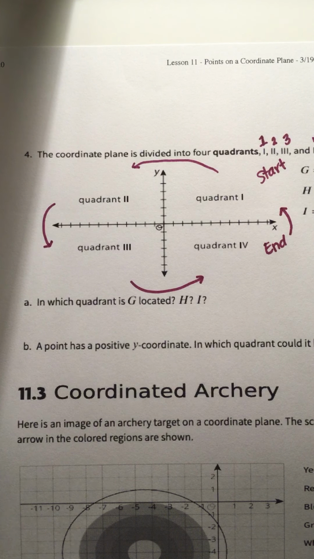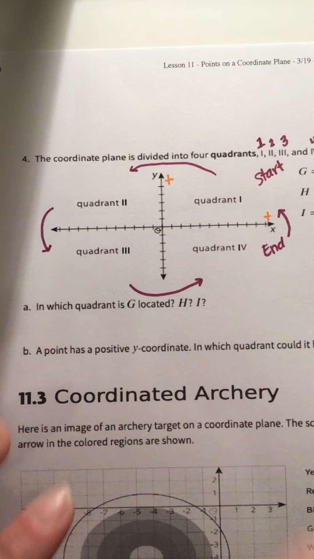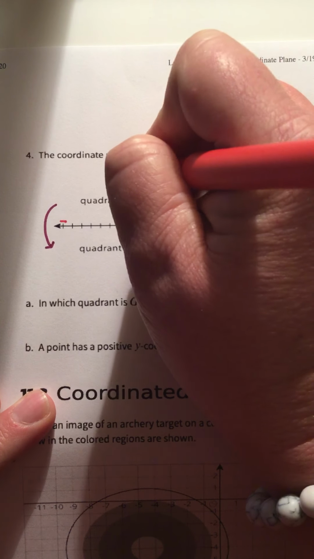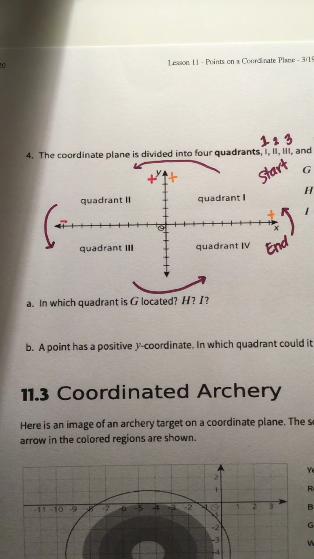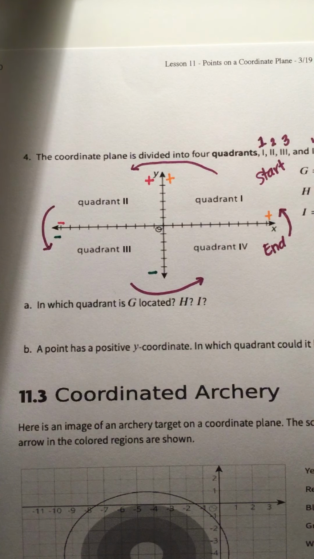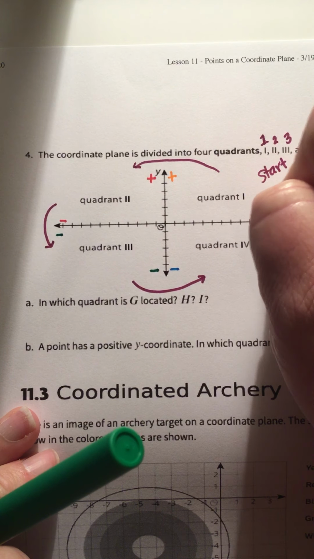Something else that you need to remember is that this is positive and this is positive. This is negative and this is positive. This is negative and that is negative. And then this is positive and this is negative.